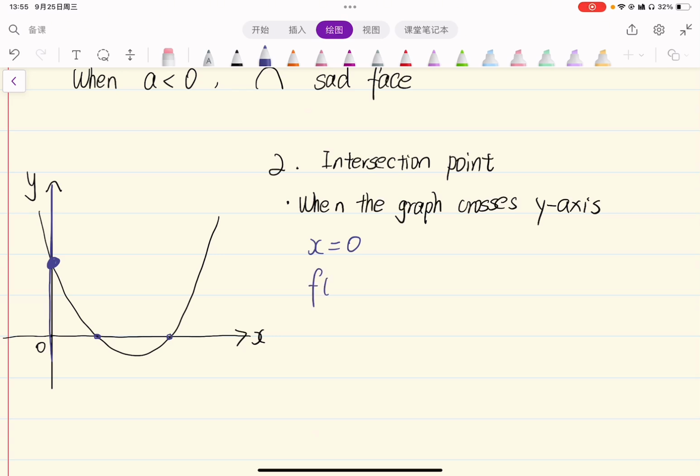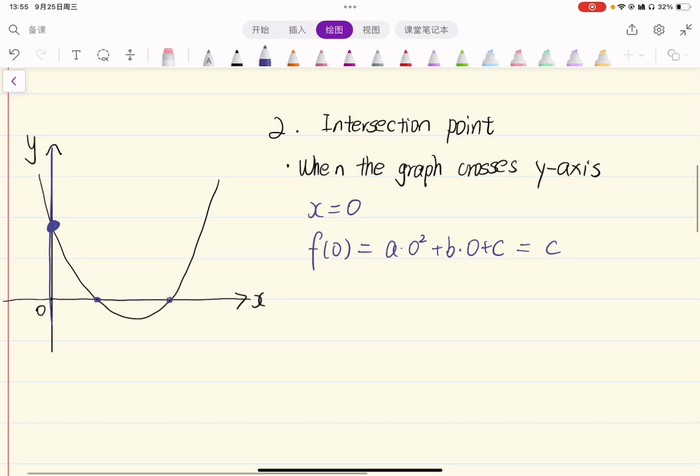Then we have f(0) equals a times 0 squared plus b times 0 plus c. We are left with c. So the intersection point is (0, c). So here, that is (0, c).